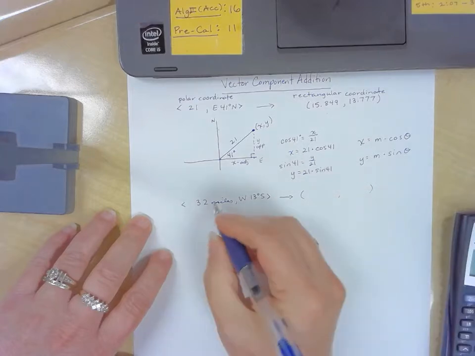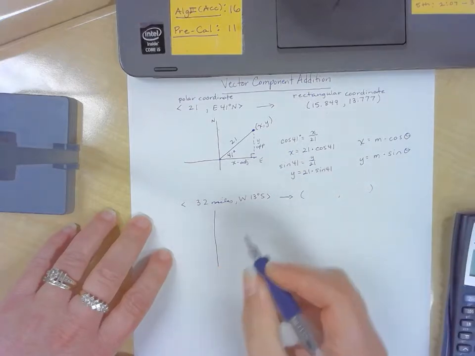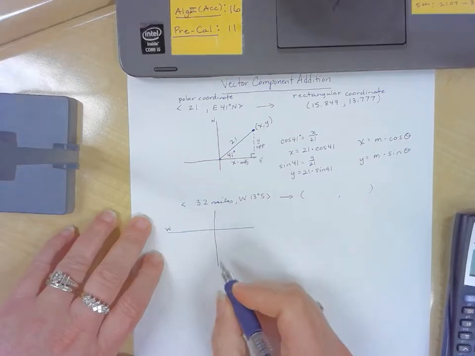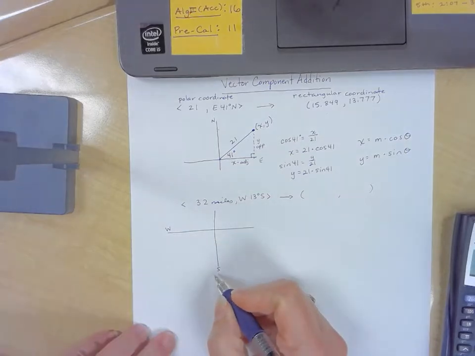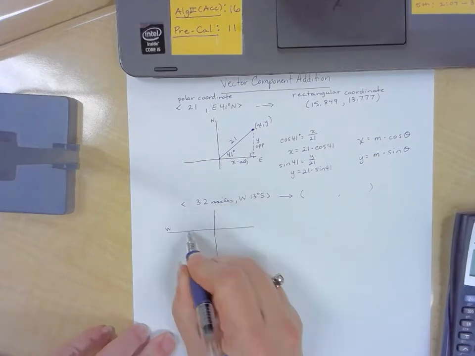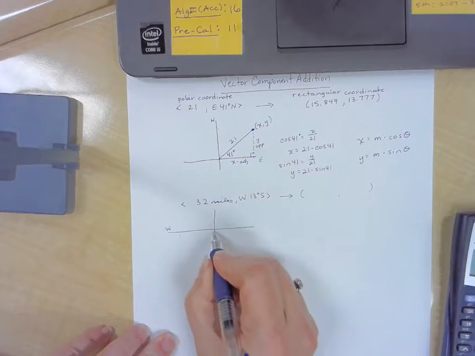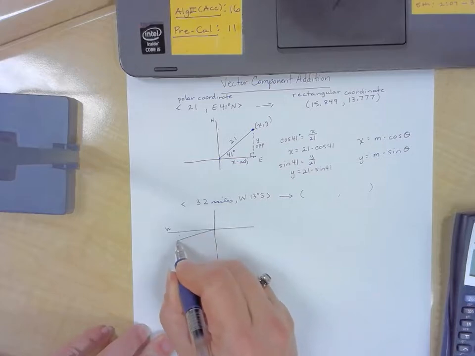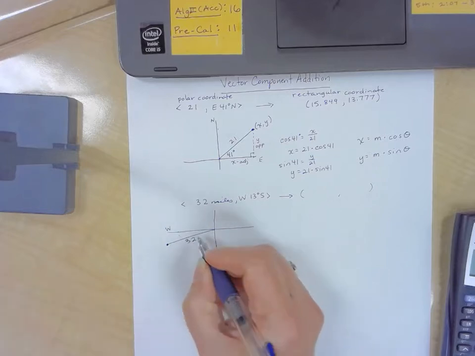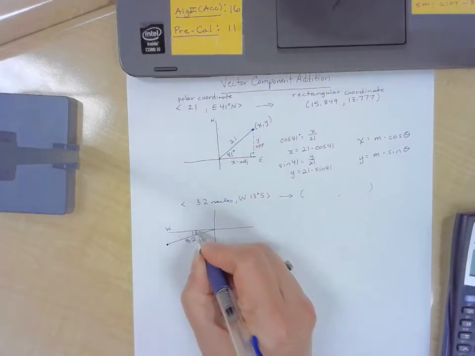So let's see what that looks like on a coordinate plane. West and south. 13 degrees isn't much. Here's the west. I'm going to go south 13 degrees and there's my vector, 32 magnitude. This angle is 13 degrees west-south.